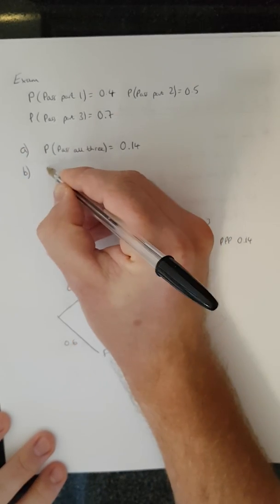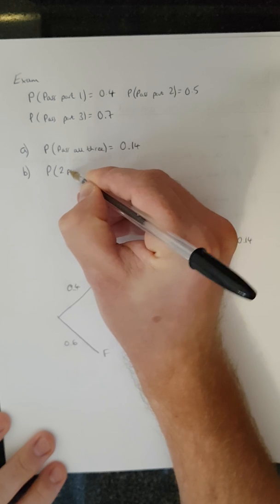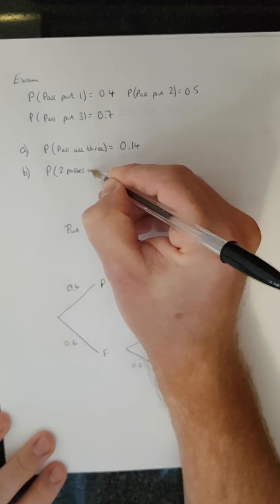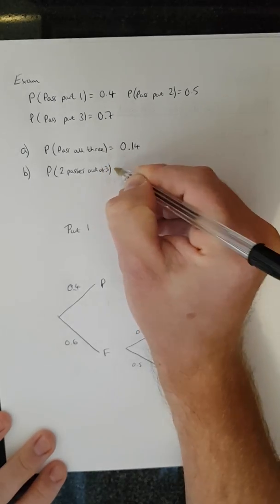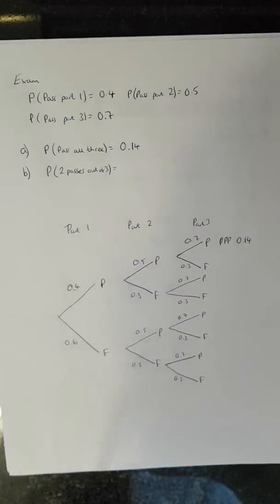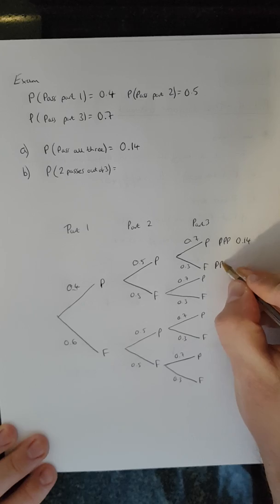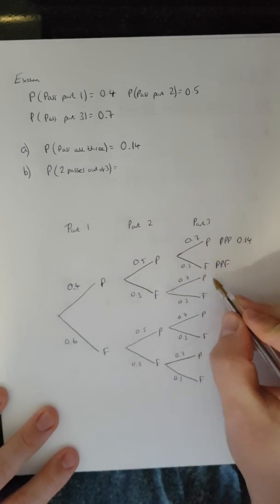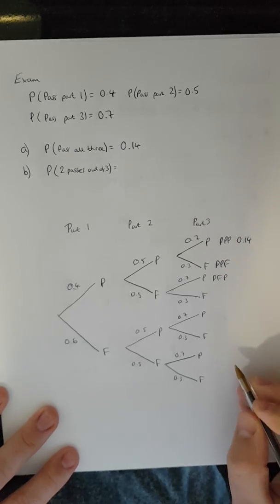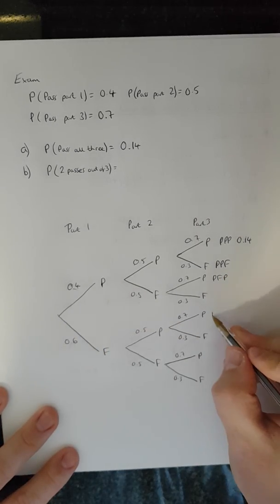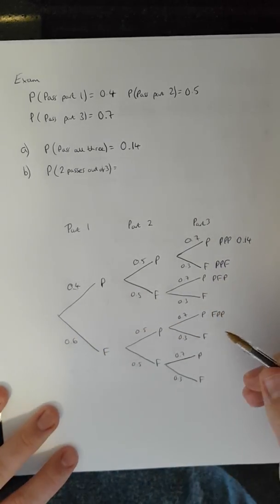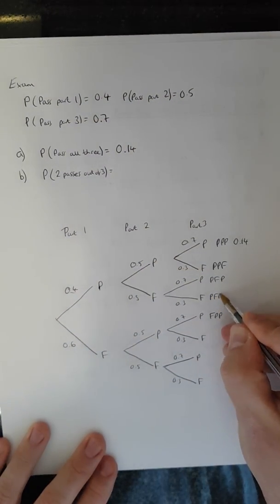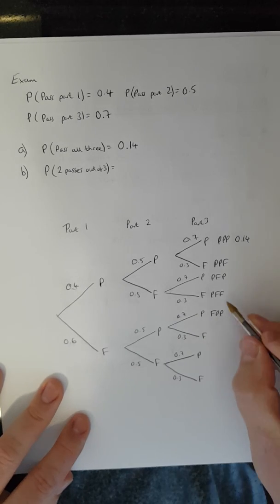Okay, question B. What is the probability he passes 2? So, that's pass, pass, fail. Pass, fail, pass. And fail, pass, pass. Check the other ones by writing them down. Pass, fail, fail, so that's not helpful.